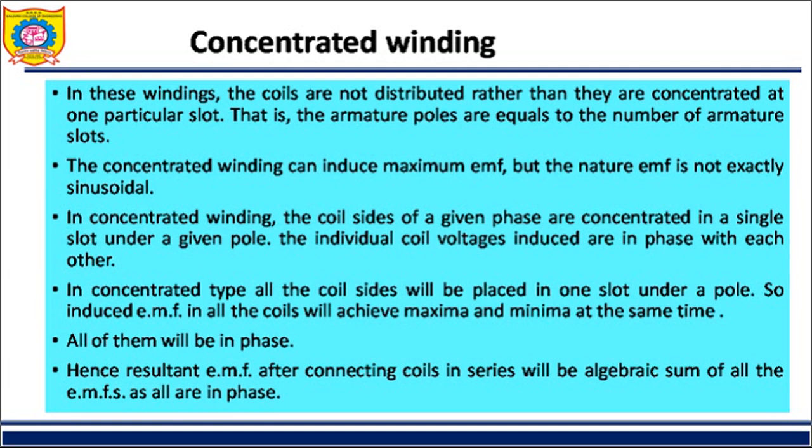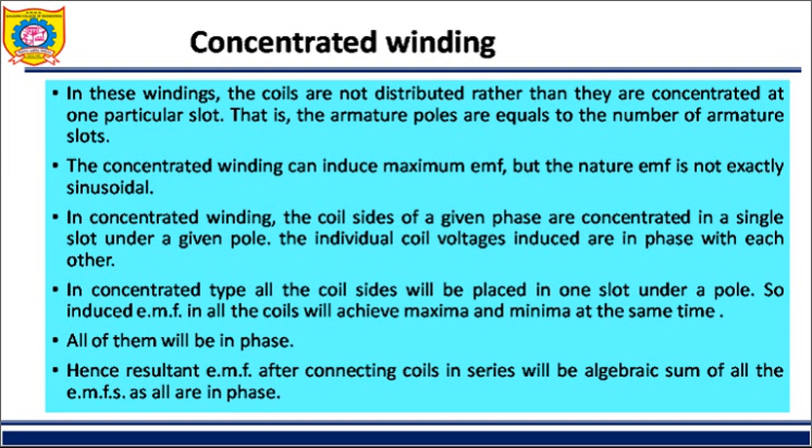Concentrated winding can induce maximum EMF, but the nature of EMF is not exactly sinusoidal, because it is concentrated at one place, at one slot. So where the winding is available, more EMF is generated there, and it will disturb the sinusoidal nature.